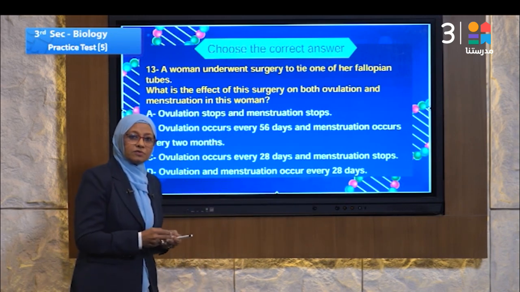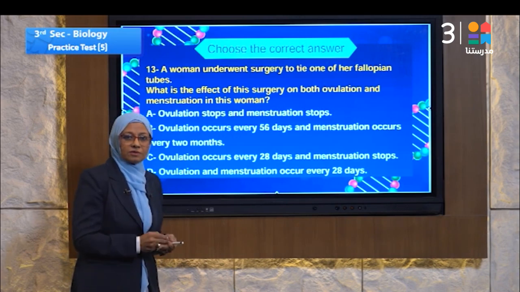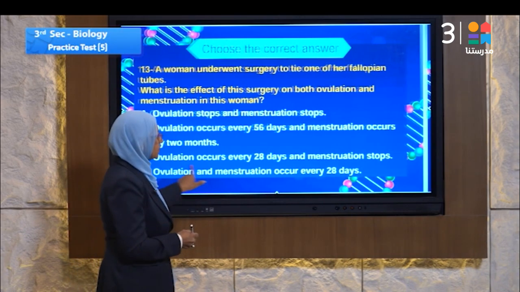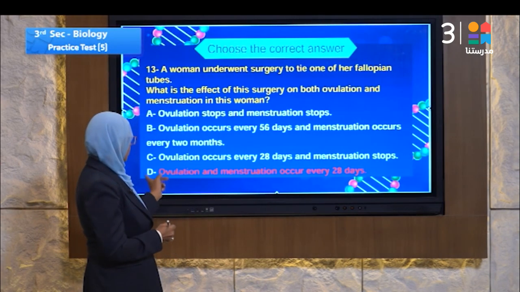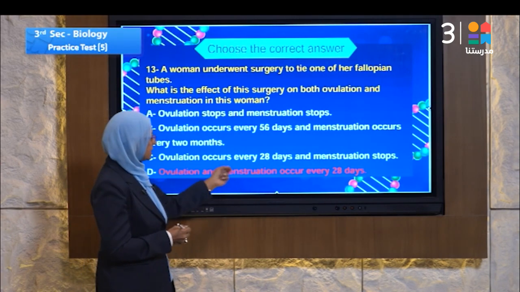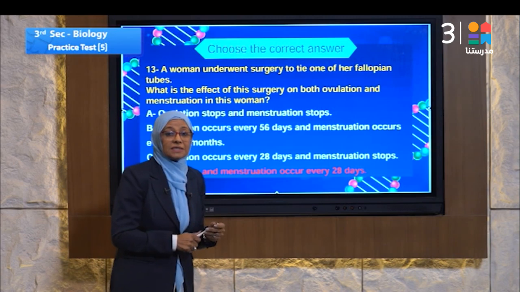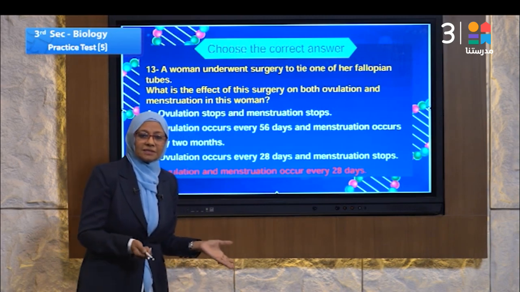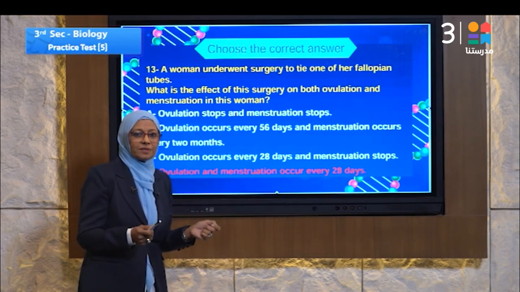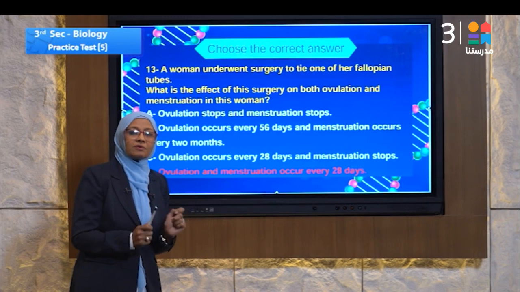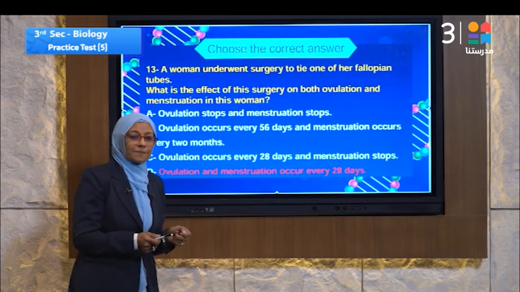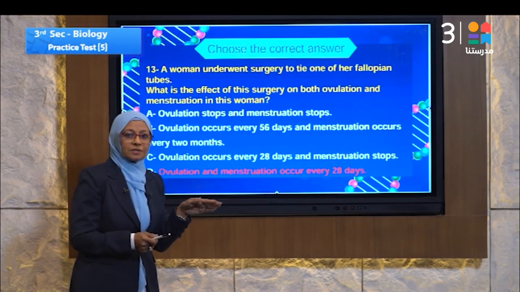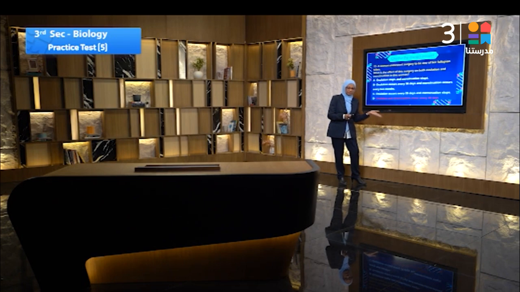Because each ovary works and performs its function, and the hormones are present, the answer must be D. Normally, we tie only the fallopian tube, so the ovum is produced, but it cannot reach the uterus to continue the other processes.